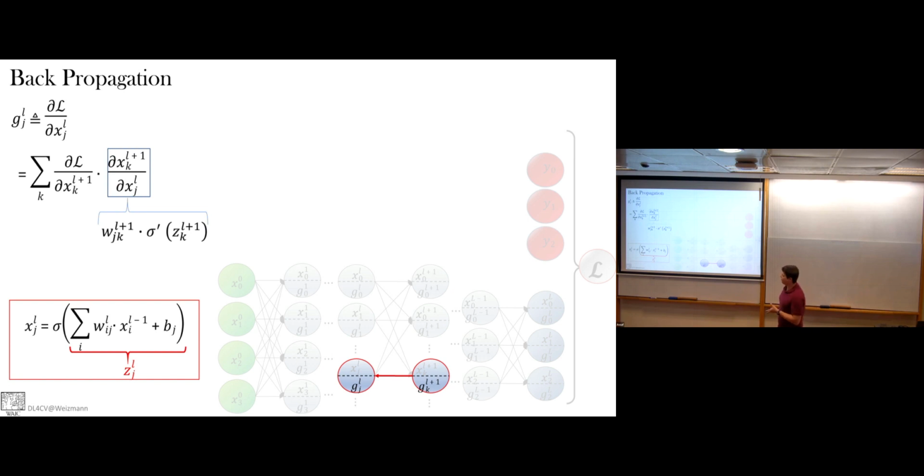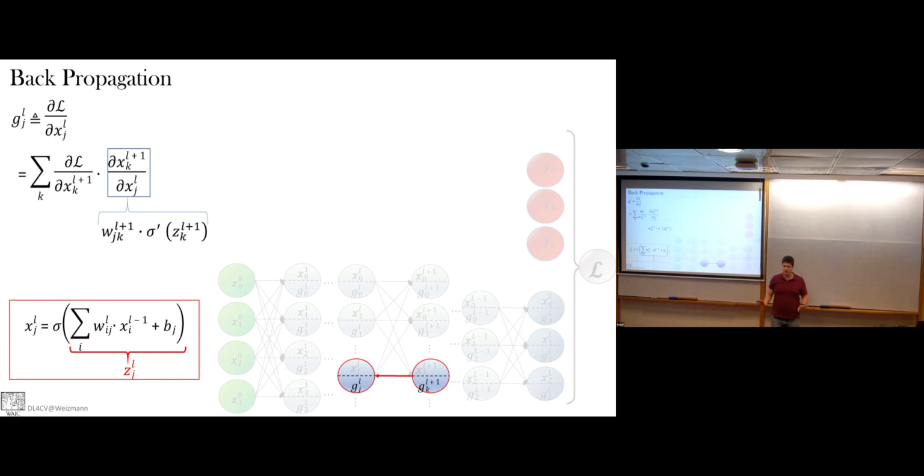It's a sum over K. It's G. Exactly. But it's not G superscript L, this time it's G superscript L plus 1. Look at the definition of G, and then look at this. Almost the same thing. The only thing that is different is the indices. Okay? Everybody is with me?